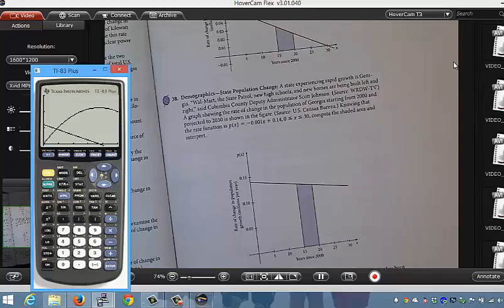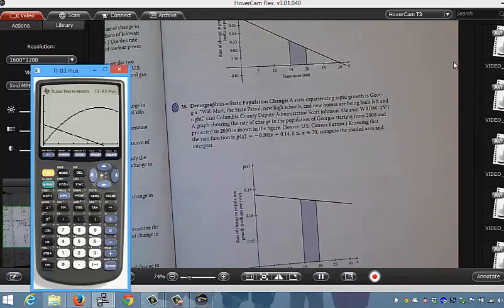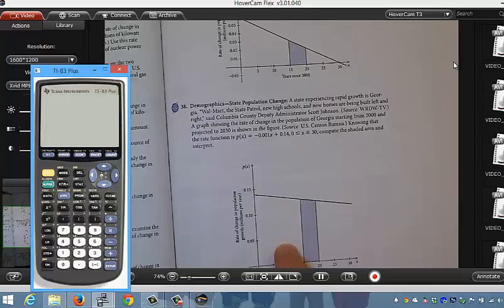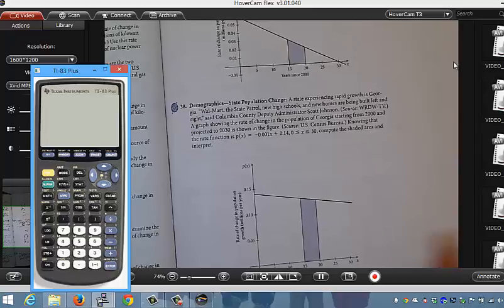So I'm going to finish this little lesson with this example from problem 38. So it says, Georgia is growing. But what's this graph show here? It says the rate of change of population.